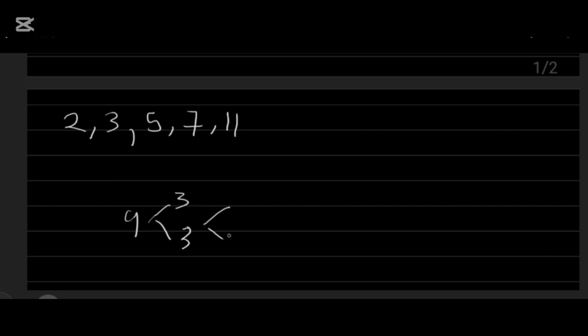At the same time, 9 times 1 is also 9. Okay? So we have 13. 15 is not a prime number because 5 times 3 is 15. We have 17. We have 19. We have 23, and the rest. These are the examples of prime numbers.